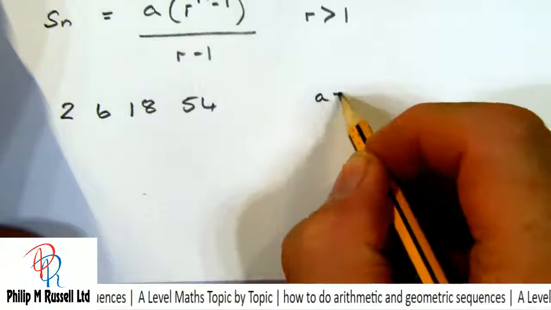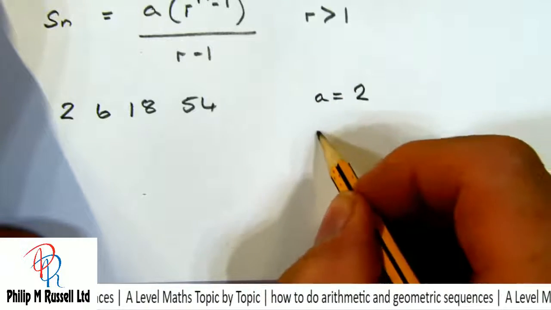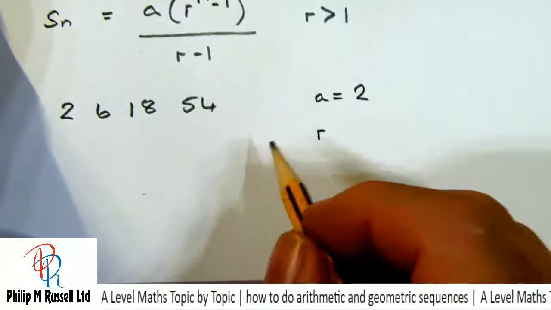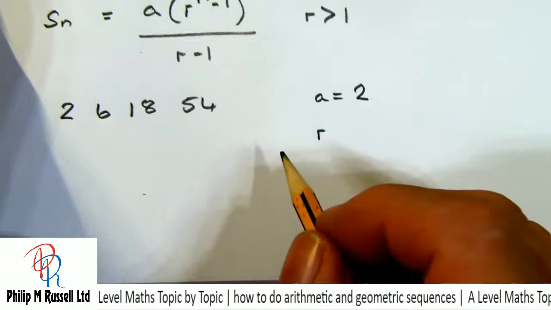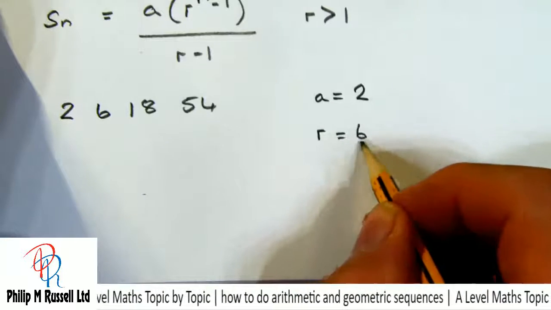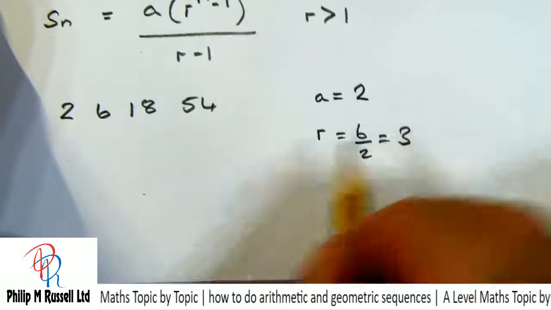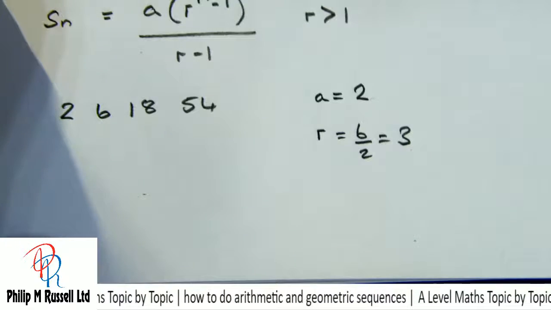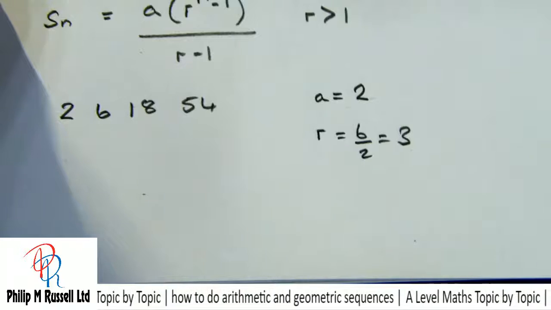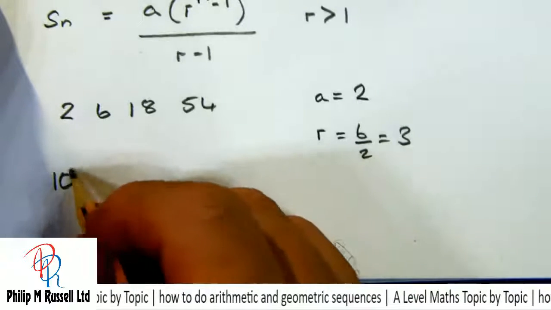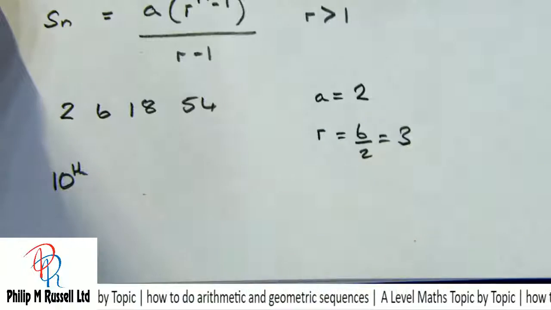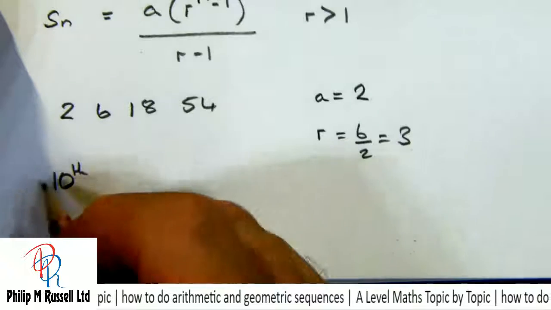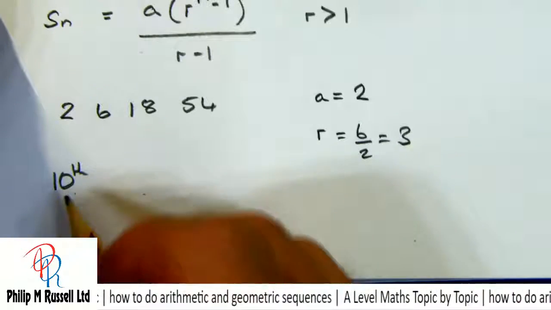Well, a is going to equal 2 here, and r is going to be simply 6 over 2, which gives me 3. I can try all the others, but they would work the same. And let's see if we can work it out for the 10th term. So we're going to try and work out the sum up to the 10th term.